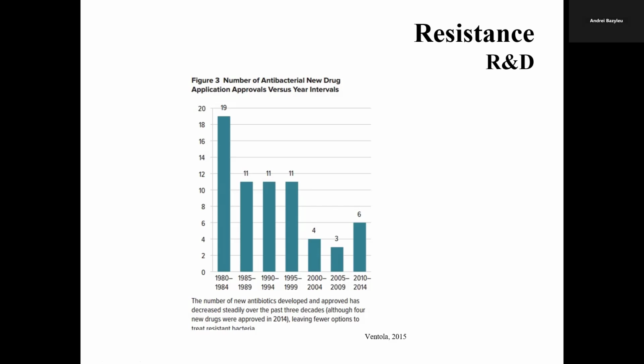Pharmaceutical companies, don't forget, are commercial companies. They must profit from what they make, not just because they're greedy people or something. I mean, that's probably accurate as well, but they need a lot of money to reinvest back into research. We spoke about it in the very first lecture.